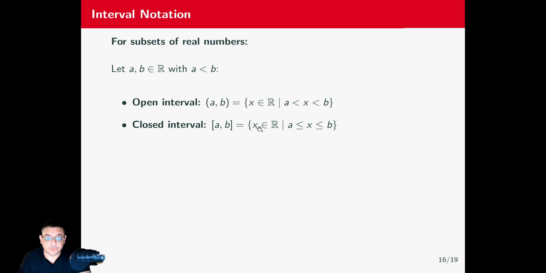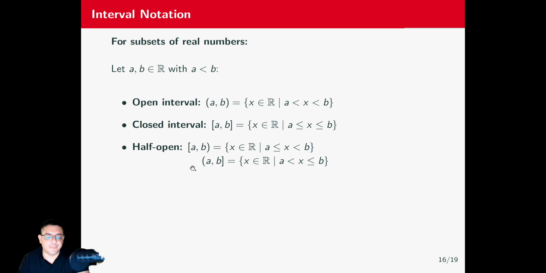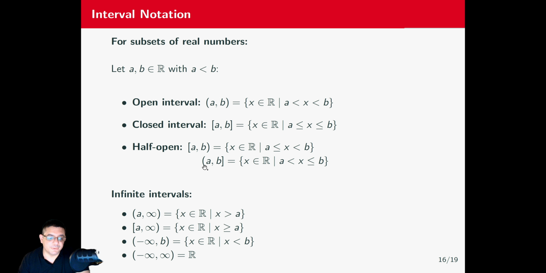We have the closed interval, which is all the elements in between a and b, bigger than a and less than b, but including a and b. We also have the half open interval, which is open at one of the extremes: all the elements between a and b, but either not inclusive of b or not inclusive of a.